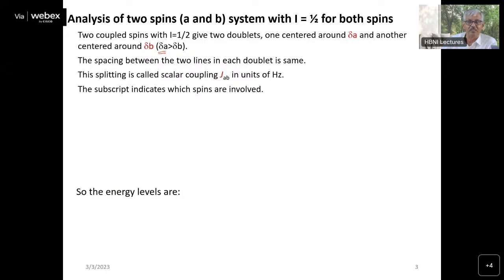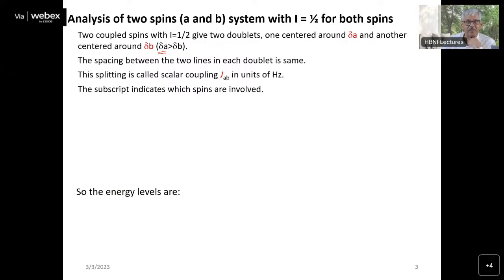In the last class I discussed that JAB is equal to JBA, so the coupling constant between A and B will always be the same. This splitting is called scalar coupling, and its unit is Hertz.